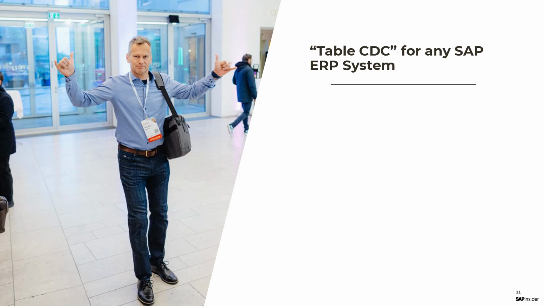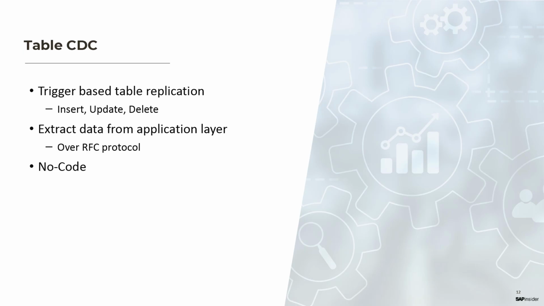So what if you're interested in this type of data extraction, but maybe you don't have an SLT server or you're on an earlier ECC system? So with our tool, we have a different component, which is called table CDC. And basically with this component, what we do here is sort of mimic what's happening with the SLT server and that ODP system.